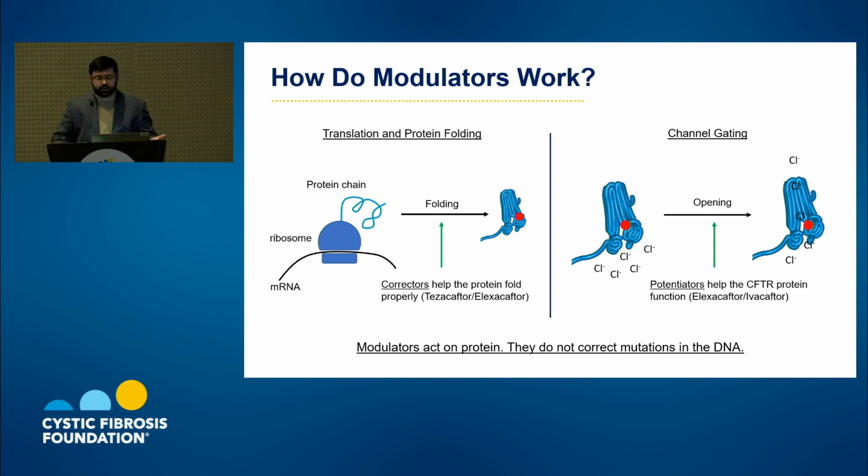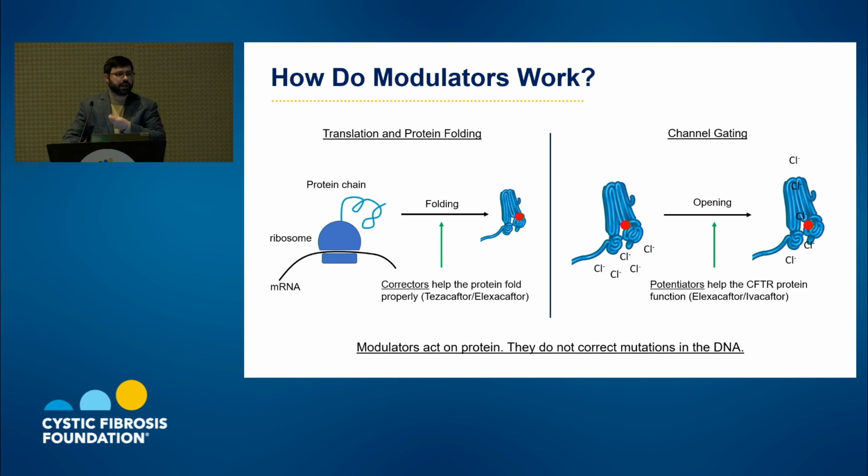So that's where modulators came in. Modulators act upon the protein. That's really the important concept here. There are two flavors of modulators: correctors and potentiators. Correctors help the protein ultimately fold into its correct conformation.